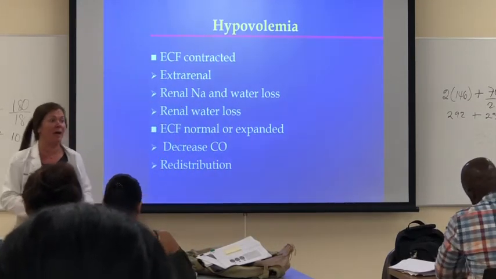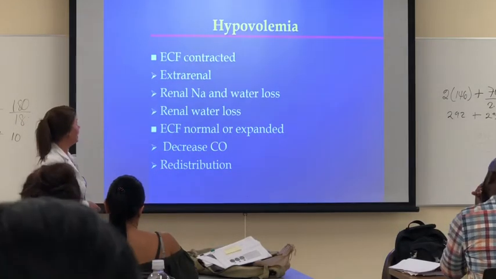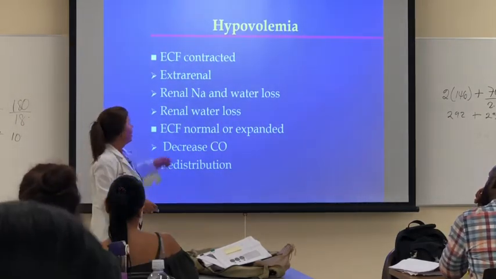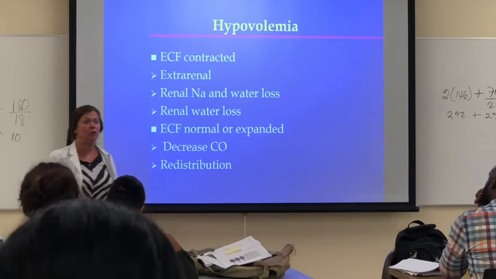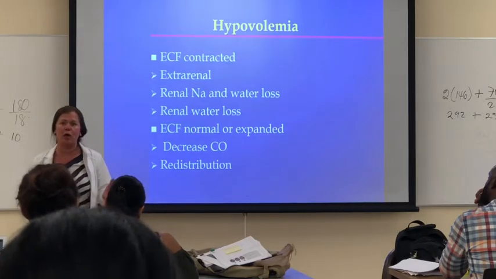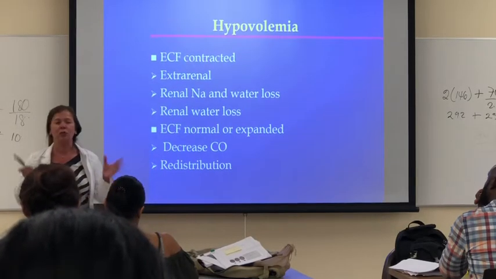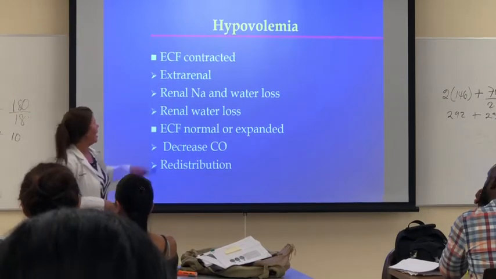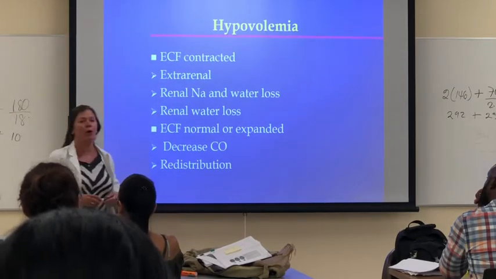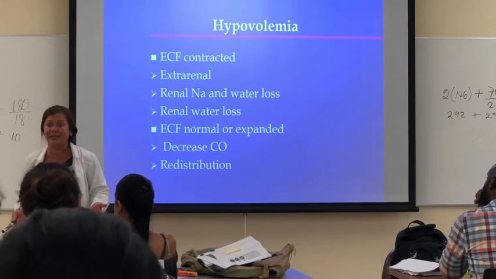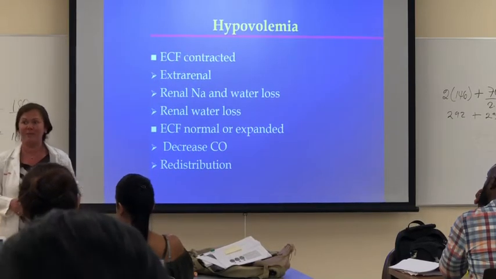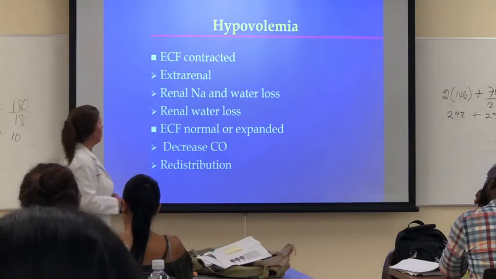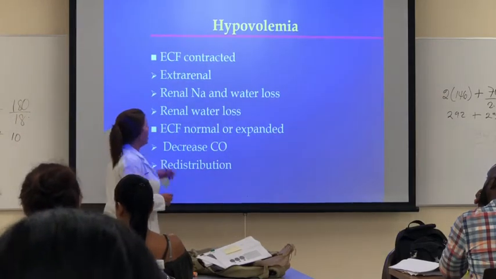If you have hemorrhagic states, you can be hypovolemic. Diarrhea and vomiting are causes of extra-renal losses of water, okay? So think about why the patient came in, all right? Renal sodium and water losses, diuretics, right? Those are the most common causes of loss of water.